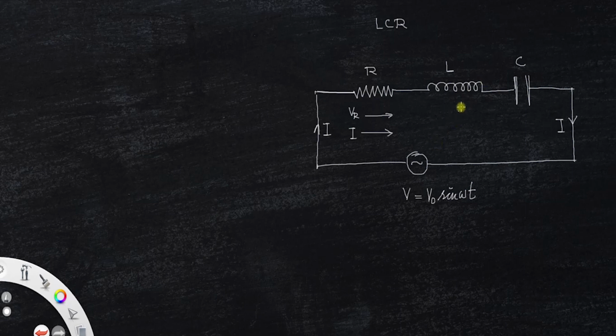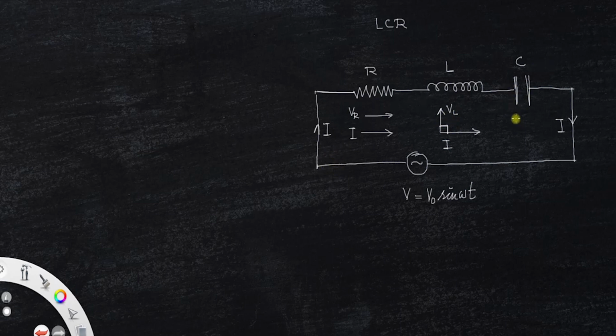But when it comes to an inductor, if this is the current, we represent the voltage across the inductor as VL, which is ahead of the current by a phase of pi by 2 or 90 degrees. We already discussed this in the video before.